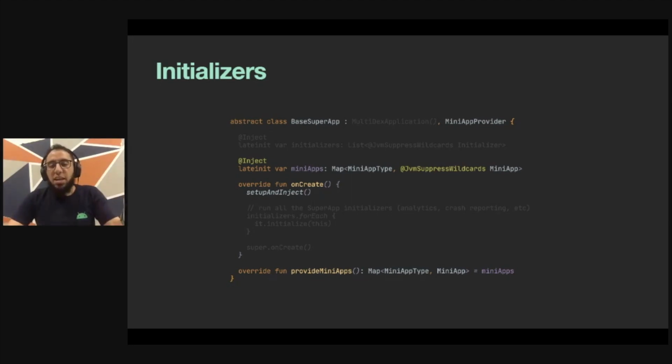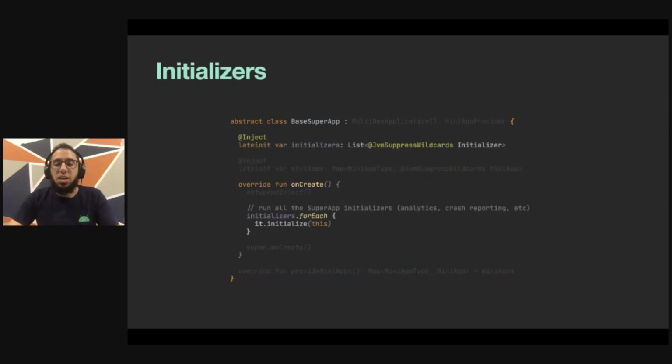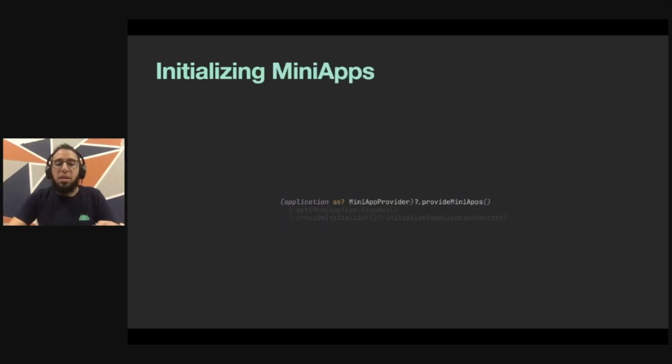So we'll inject that in, we'll set up our dependency injection, and then we'll go through initializers that are critical app-level initializers. Things like Crashlytics need to be initialized for everyone, even if a person didn't click on a ride-hailing or on a food feature, and we'll initialize these, and that's it.